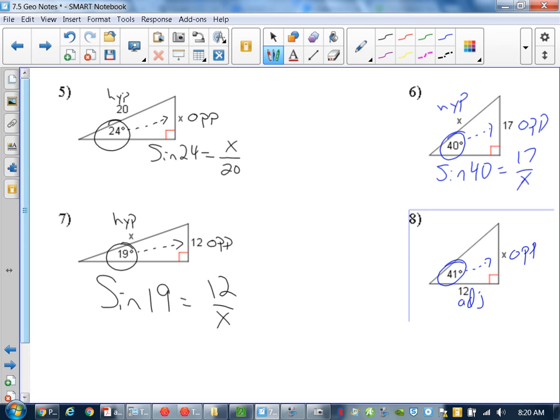If you write this stuff out, you're going to be less likely to screw up in the calculator. That's why I don't use it yet. So this one, like you were saying, was tangent 41.